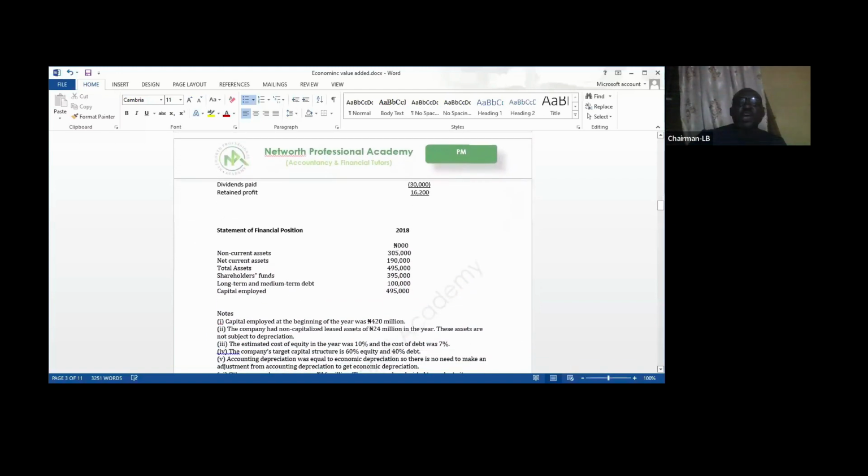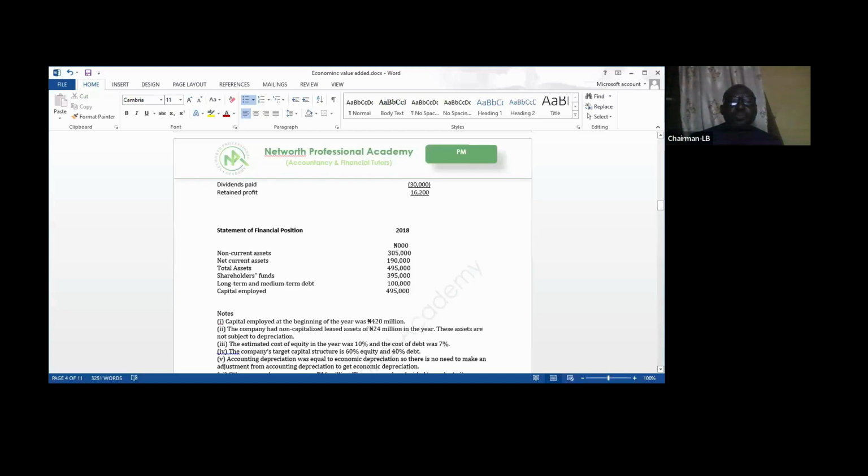In your statement of financial position, you have non-current assets, current assets, your shareholders' funds, your total assets, money contributed by the ordinary shareholders, long-term and medium-term debt, money supplied by the debt holders, and total capital employed.